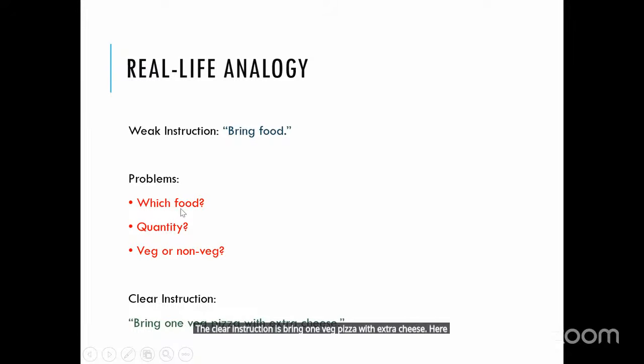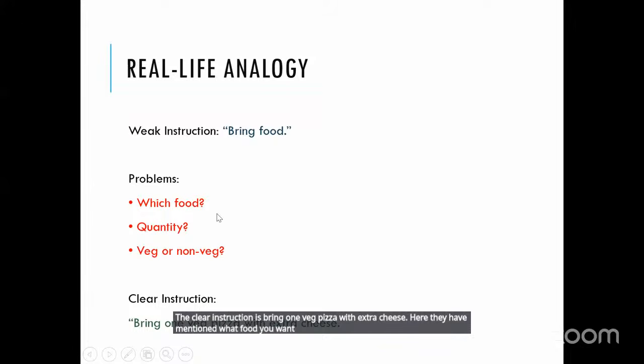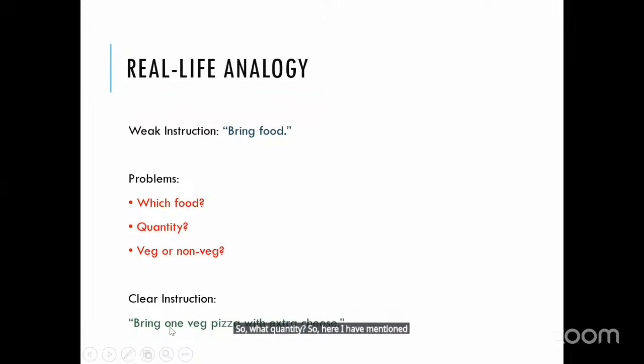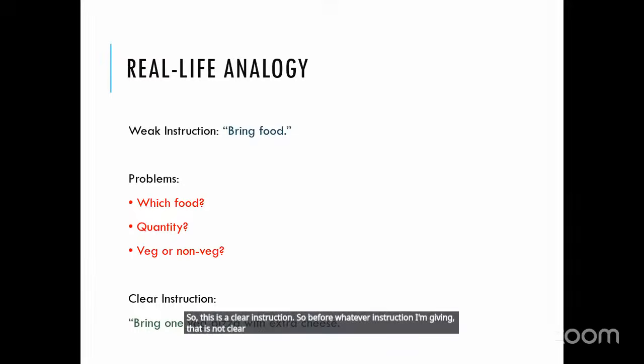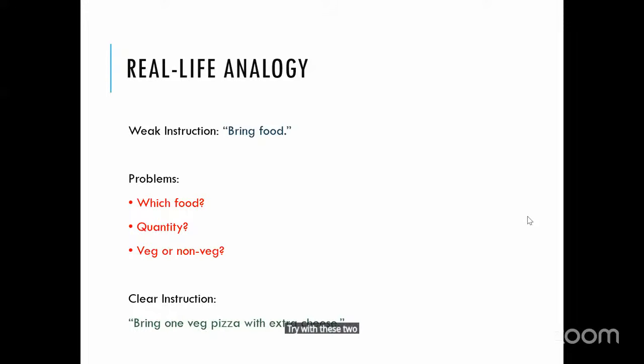Here they have mentioned which food, pizza; the quantity, one; and whether it is veg or non-veg, veg. So this is a clear instruction, while the earlier one is not. That's the difference. Try these two prompts and share the response you are getting in the chat box.